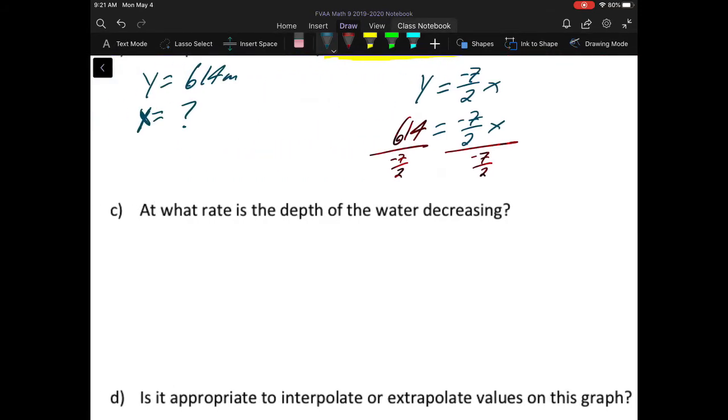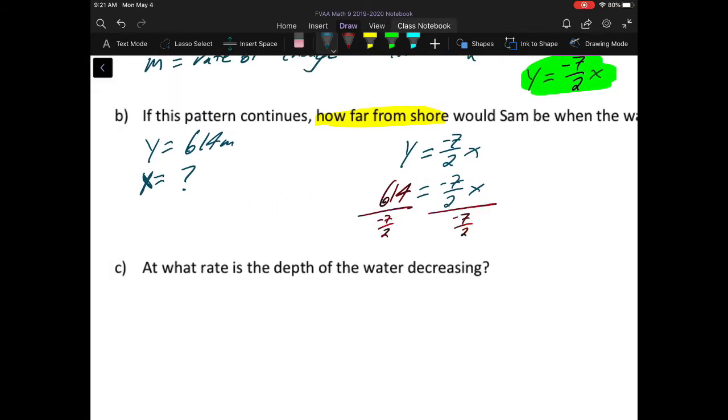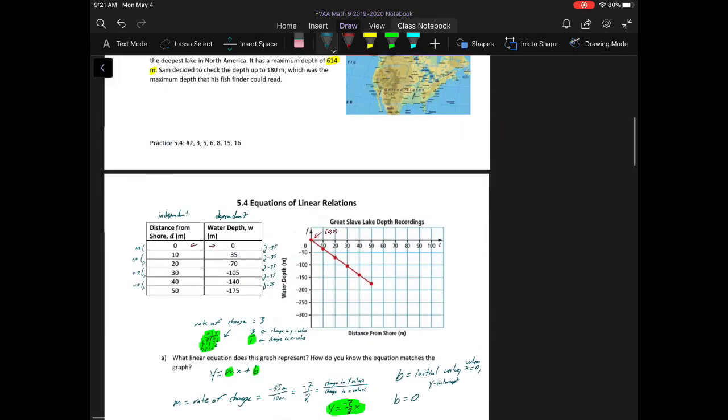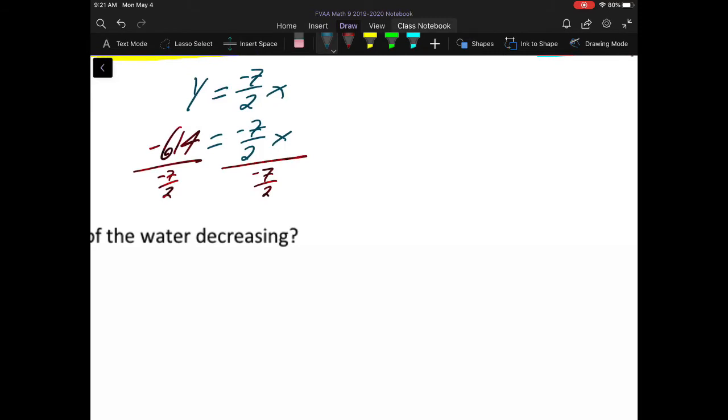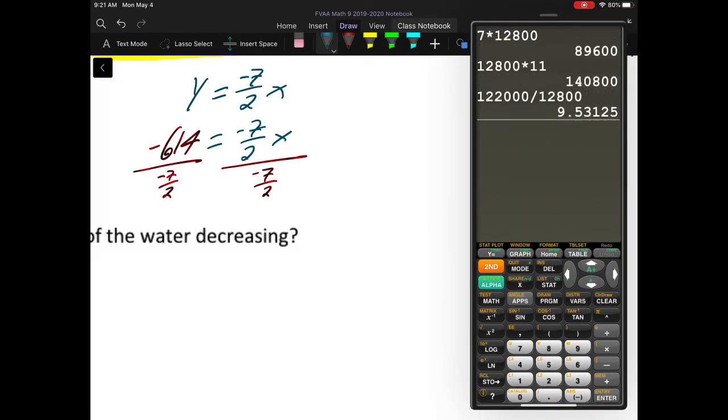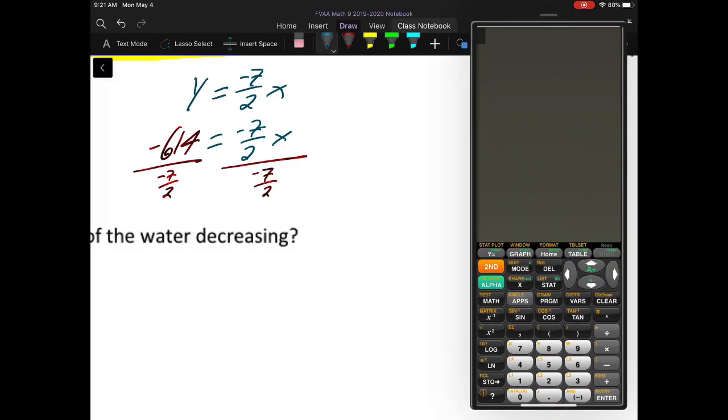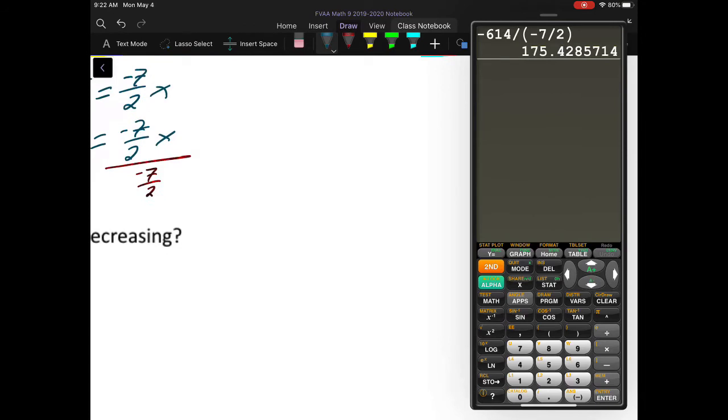And here it's important: this depth, 614 meters deep, would give me a y value of negative 614 meters. If you look at the graph, depth is plotted as negatives. So that's an important point, because otherwise we would end up with a negative distance from shore. So I have negative 614 divided by negative 7 over 2, or just negative 3.5 if you prefer. And I get a distance from shore of about 175 meters.